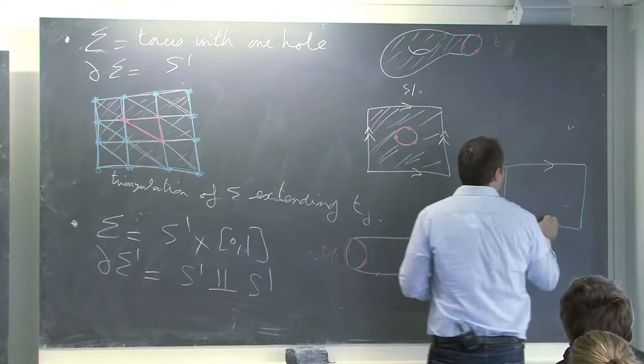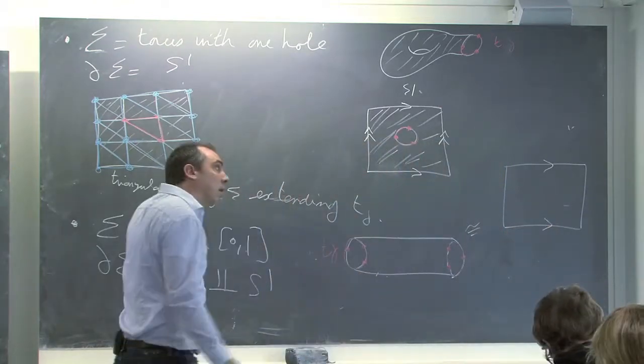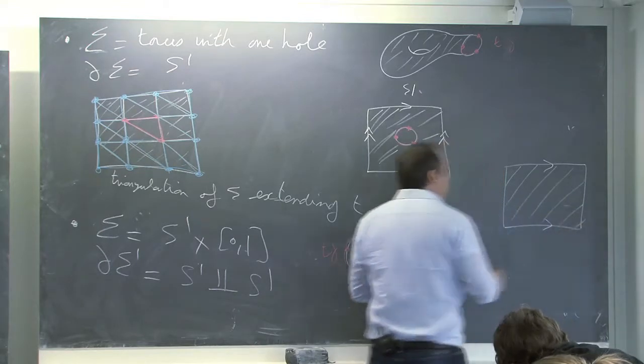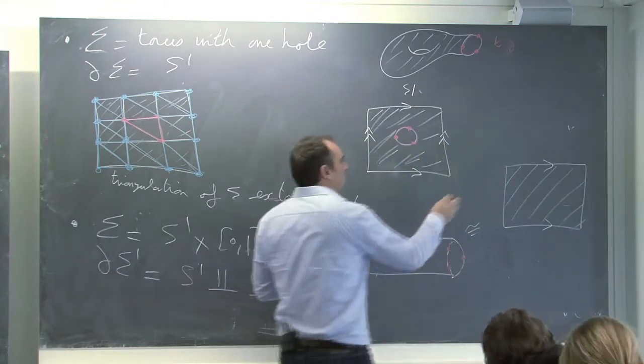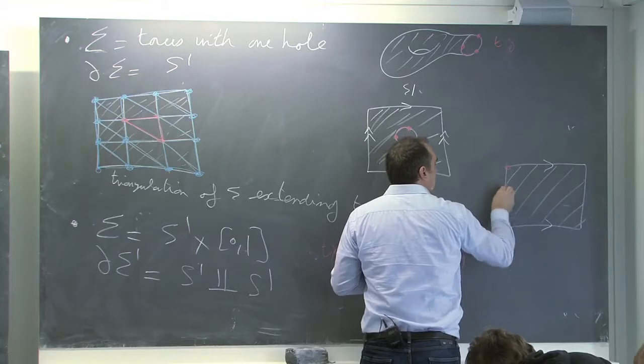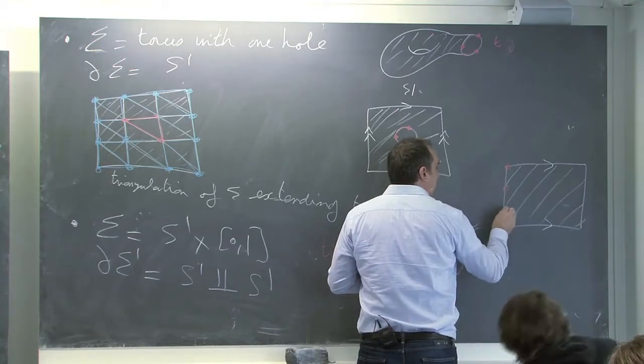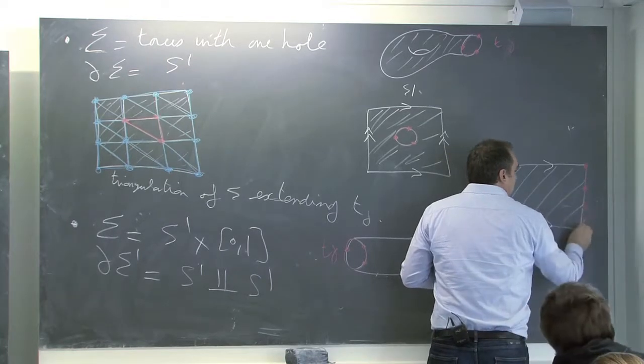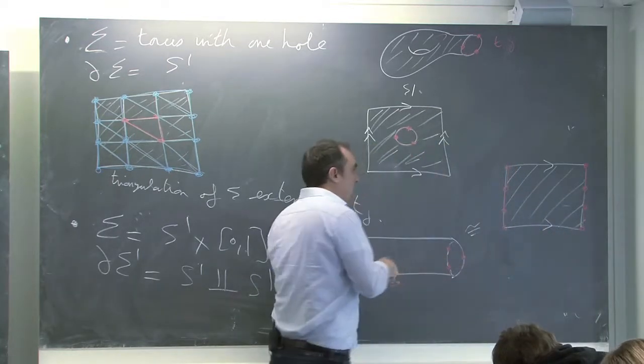I identified just two opposite sides of the plane square. So here I have the 3 edges of the first circle and the 3 edges of the other circle. So what can I do?